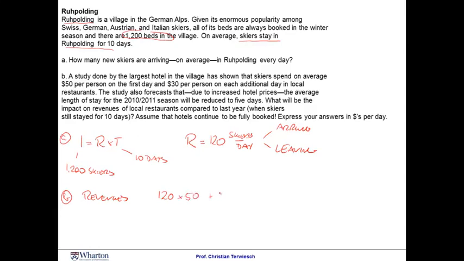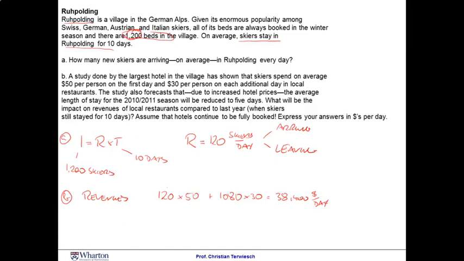Now there are another 1,080, so those are the 1,200 minus the 120. There are 1,080 people. Why do I say patients? Hopefully they're skiers and won't become patients. 1,080 skiers, and these people are going out for dinner, but it's not their first dinner, so they're only paying $30. And so if you add this up, you're going to get $38,400 per day.